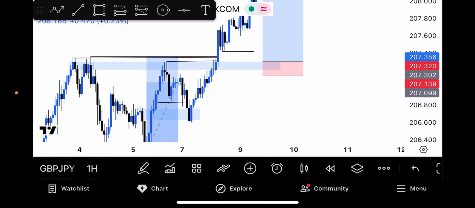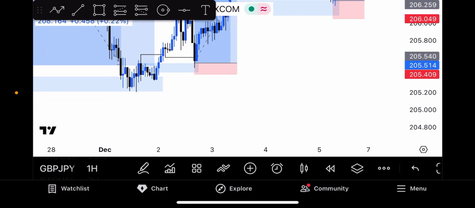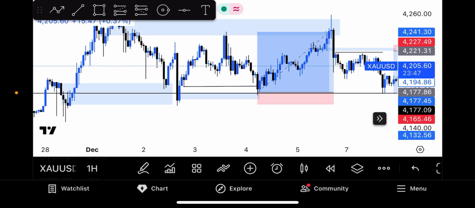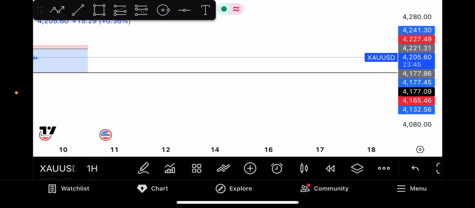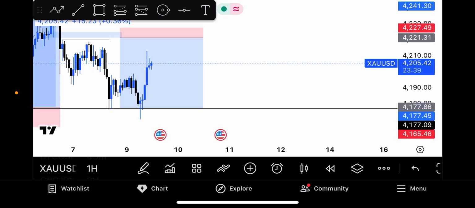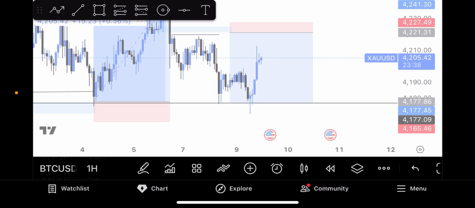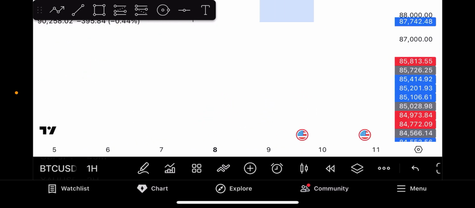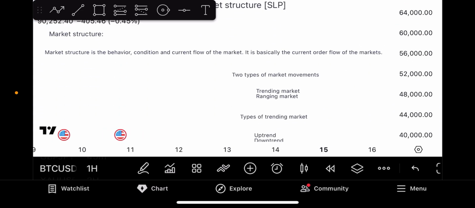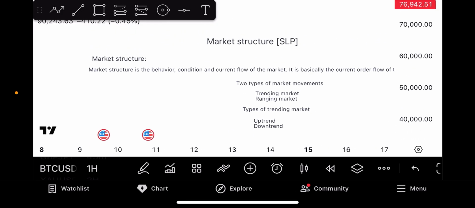I think this will be all for today. So do well to study and master this market structure.